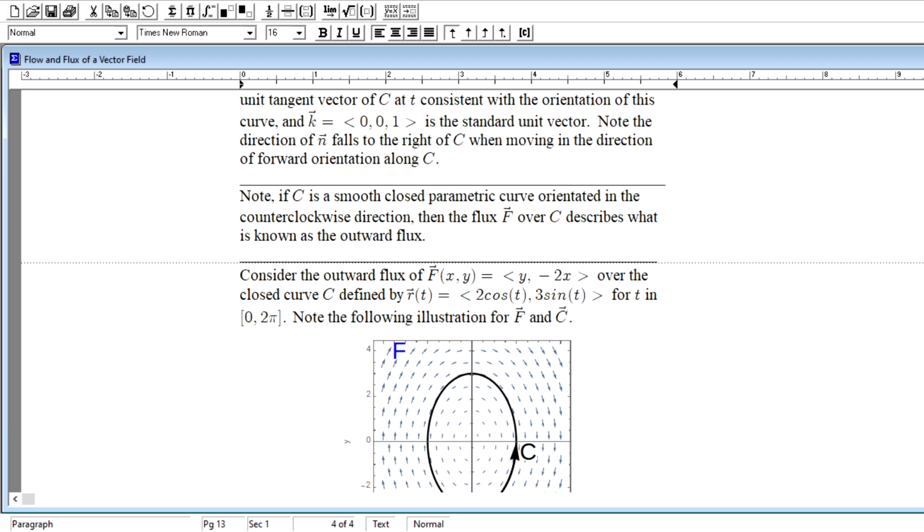As I had just noted in our study of flux, flux is a concept that occurs in two-dimensional space over a curve C, and in three-dimensional space is a calculation that occurs over a surface and is going to require a surface integral to calculate. So we are going to introduce surface integrals later in the chapter to allow us to calculate flux over those surfaces.